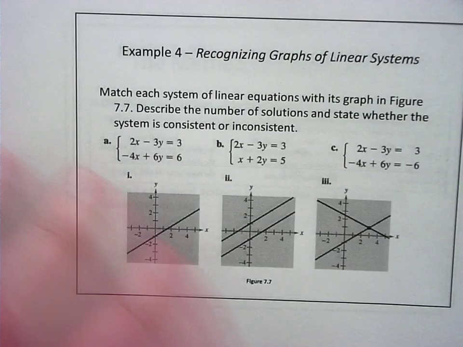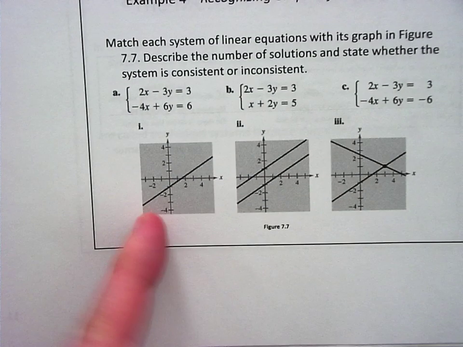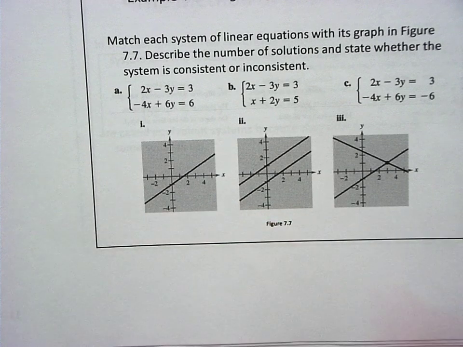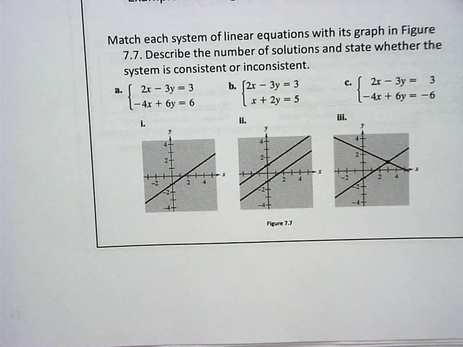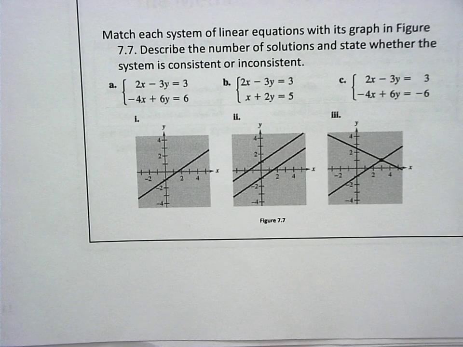So, looking at these. Obviously, graphs 1, 2, and 3 have coincide, parallel, and one solution. Which one, A, B, or C, will be the same line? A?